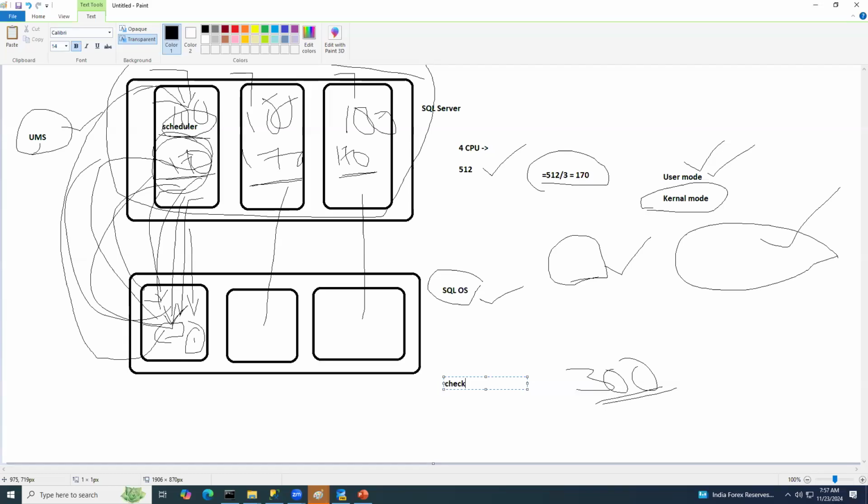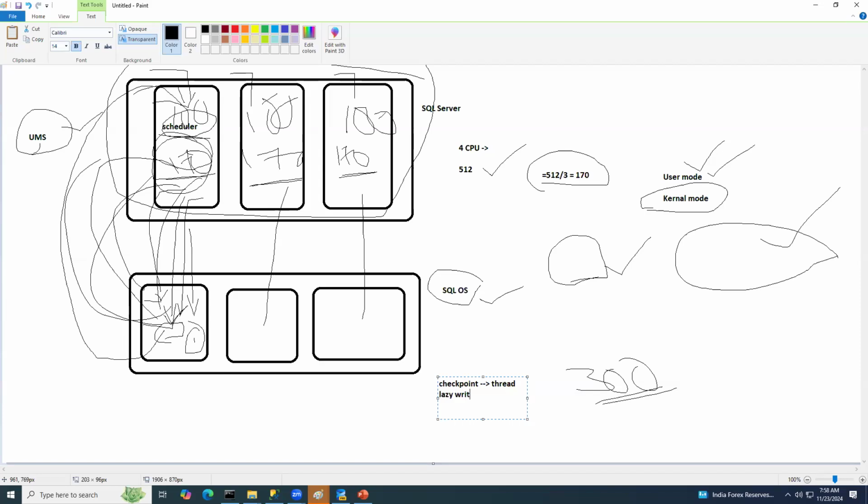Let's say, for example, checkpoint. We were talking about it in the last class, right? So checkpoint is also executed by a thread. So there is a thread for the checkpoint also. At every frequency, whatever frequency that we have, a dedicated thread will be assigned to the checkpoint.